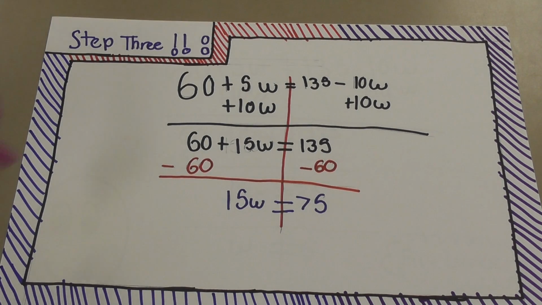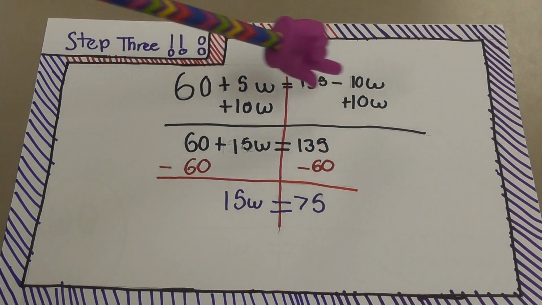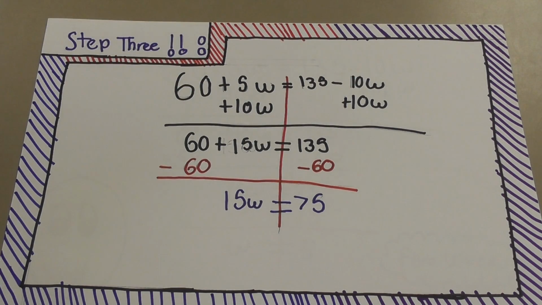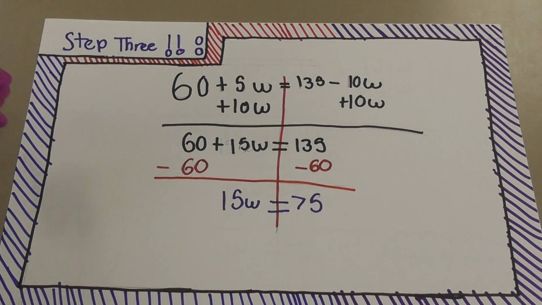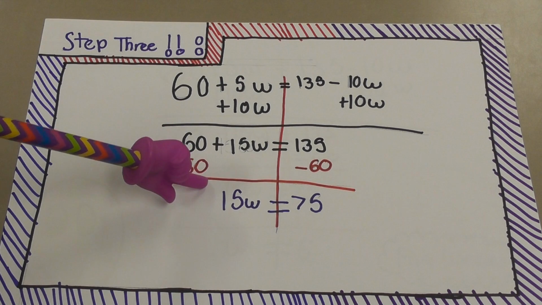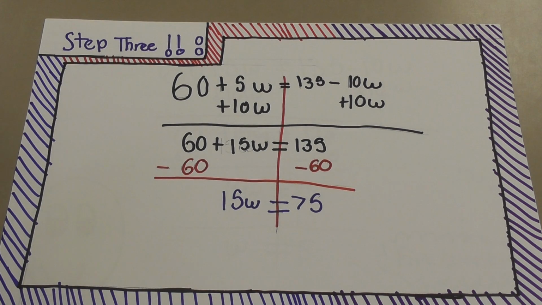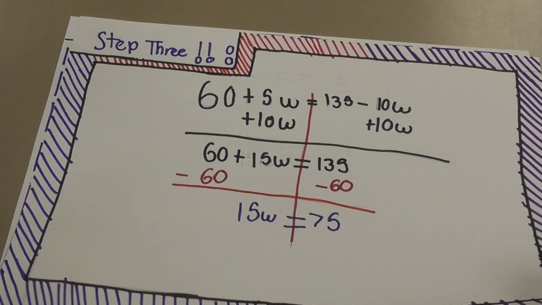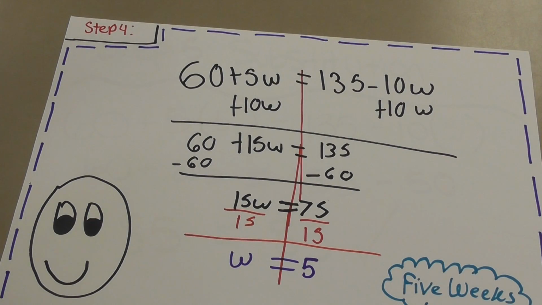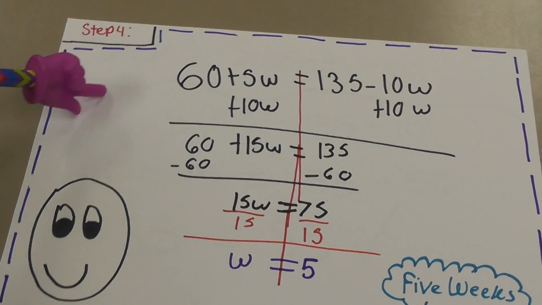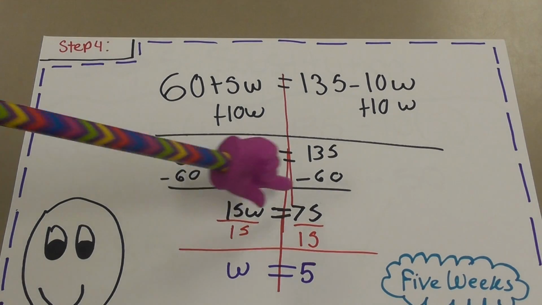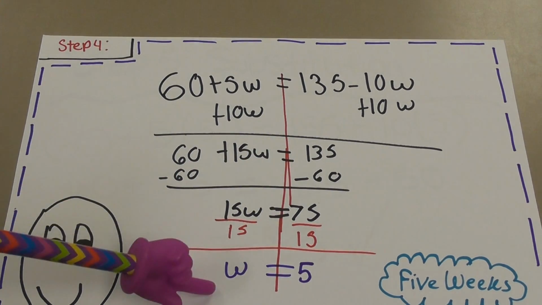From here, we can subtract 60 from both sides, and we are left with 15W equals 75. We are using inverse operations to isolate the variable. Now, we divide by 15 on both sides, and we get W equals 5.